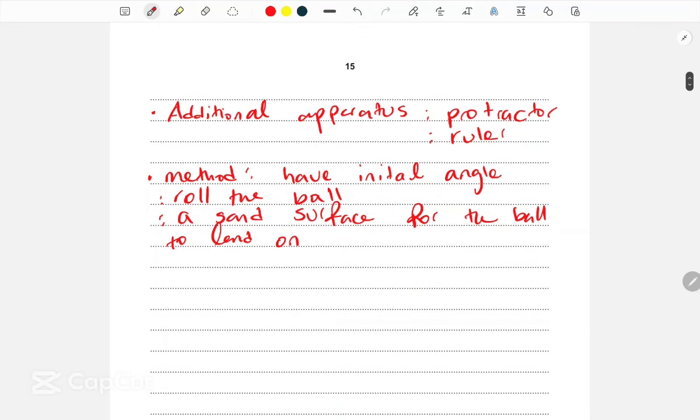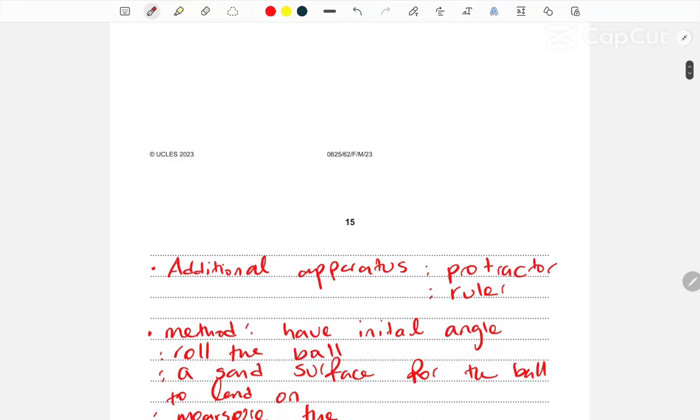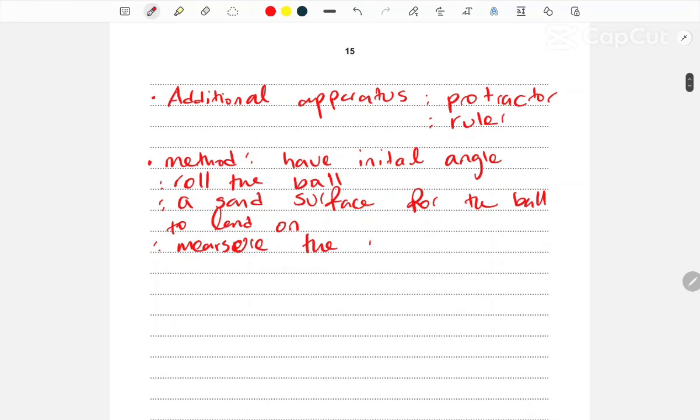If we have this, then we can be sure that even if the ball bounces, we can see the initial place where the ball has landed. And then we finally measure the range, or the distance between the flexible channel and the ball. And then we have to repeat this for multiple angles. So repeat this for different angles.